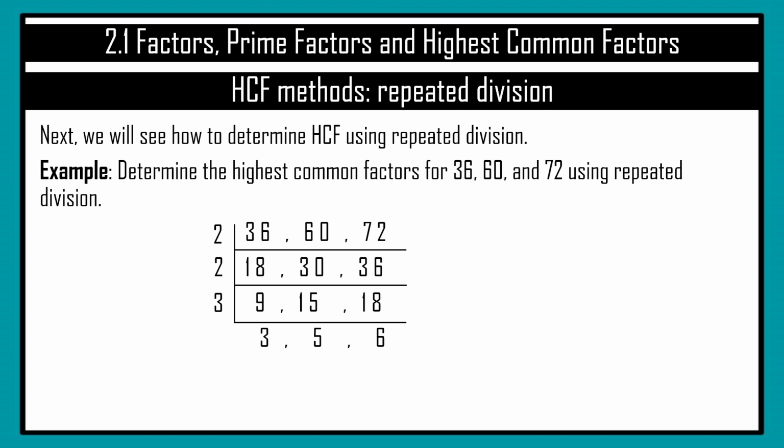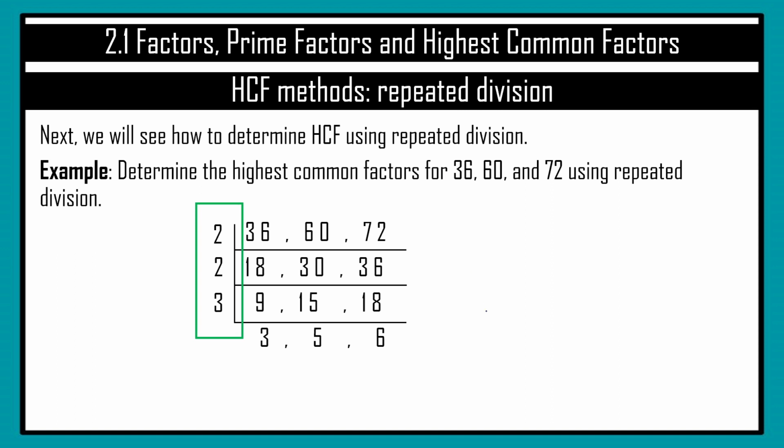Okay, now if you see 3, 5 and 6, I cannot continue to divide them using a single number, because 5 I cannot divide with 3, and then 6 I cannot divide with 5. So I'm going to stop here. Alright, and then our highest common factor will be those numbers at the side.